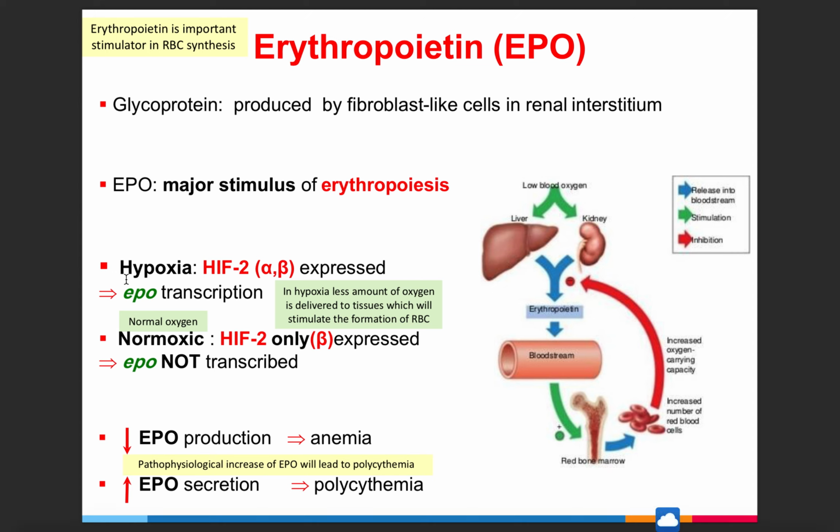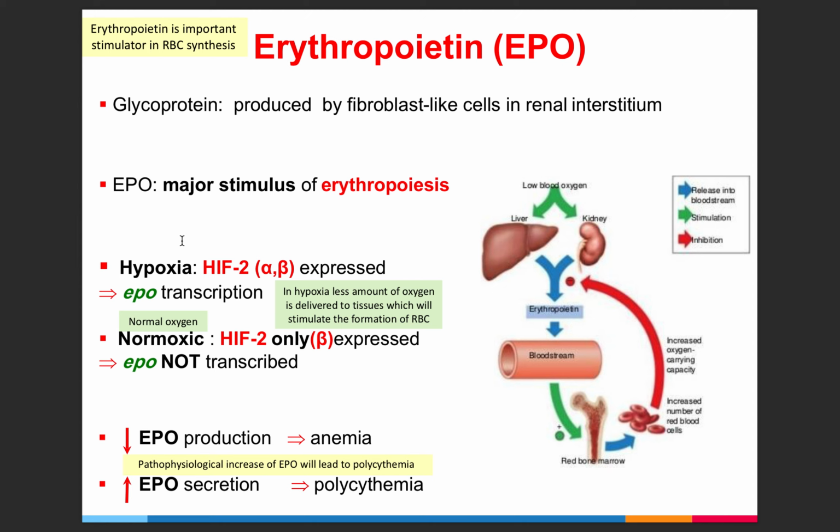Once you have hypoxia, there is less oxygen. There is something called purine, and this purine will be oxidized. So oxidation of the purine needs oxygen.